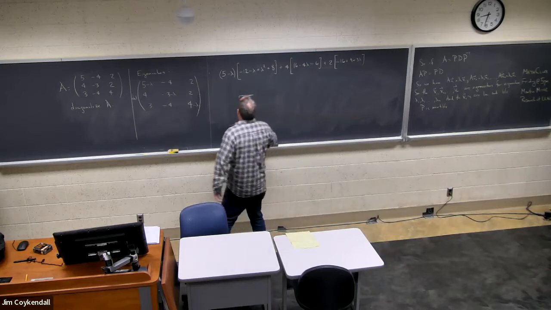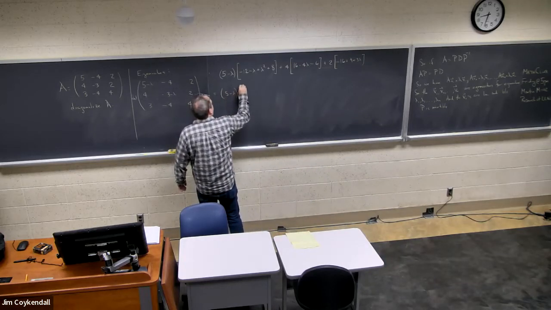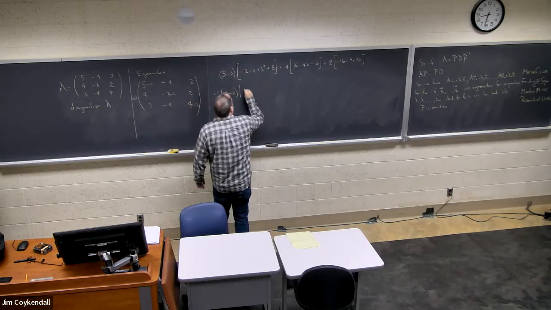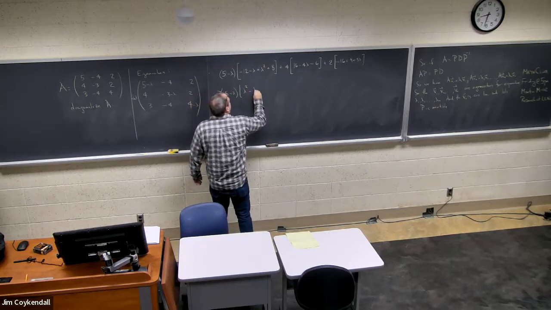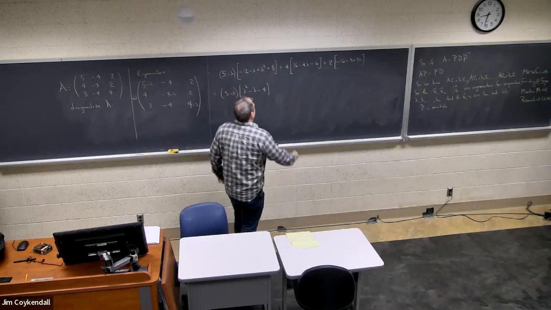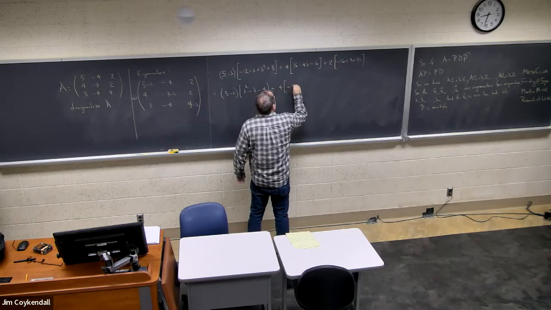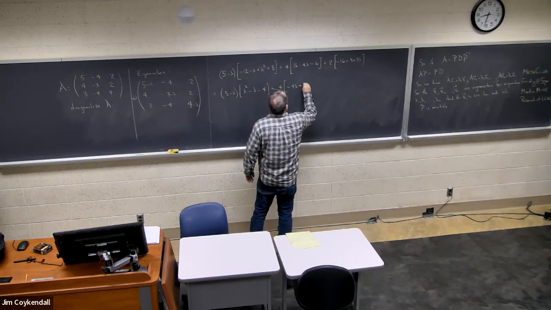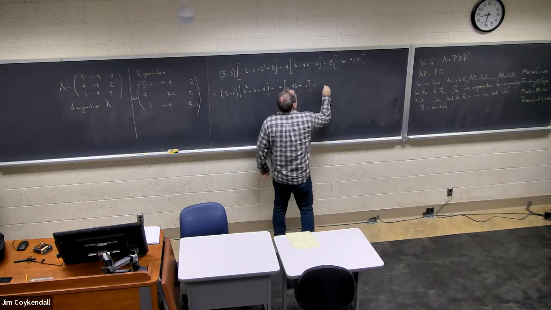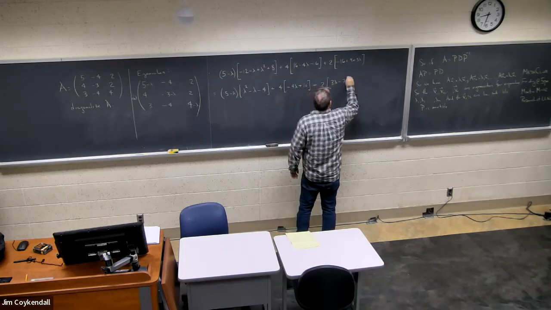So we'll see what I get here. This is 5 minus lambda, times lambda squared minus lambda minus 4. This is 4 times minus 4 lambda plus 10. And this is 2 times 3 lambda minus 7.